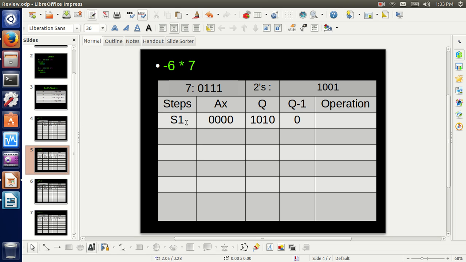And I think you need to fix it here, and let's fix it here. I need to fix it here, and this will be S1.